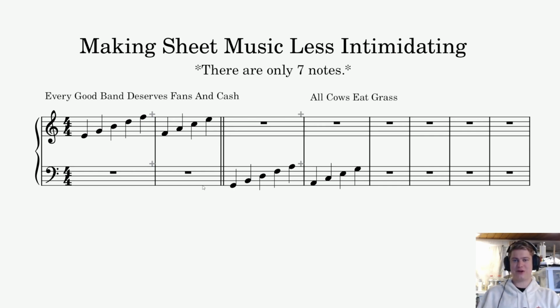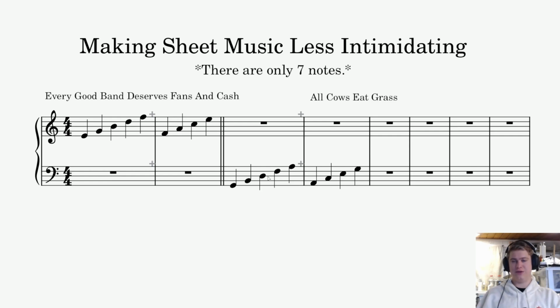Since I started on my treble clef, I would then come here to the bass clef, and since I studied the treble clef so much, I instantly see this, and I used to think E. Then from there, I would just think, okay, what's a third above that? Or in the saying every good, what's the next word? So if I have E, every, I just think good, G, so I know this starts on a G, and then after this, I'm going up the same order. Good, bands, deserve, fans, and.